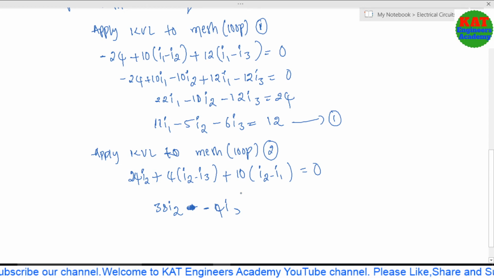I1 is only having the reference, minus 10 I1. So we get 38 I2 minus 4 I3 and minus 10 I1.